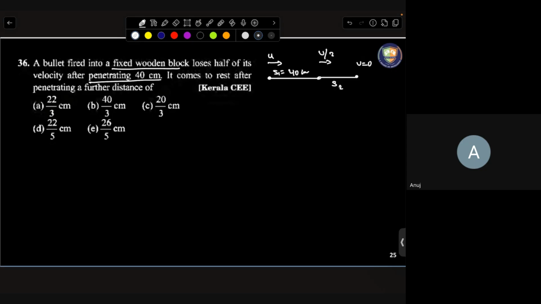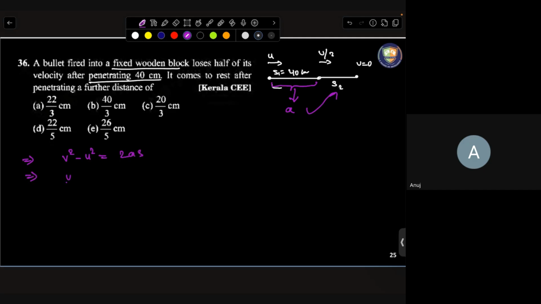And here velocity is becoming 0. So from the first condition, we can find the deceleration, which is, yeah, 40 by 3 is the correct answer. So from this, we can find how much deceleration or retardation is being provided by the wooden block, correct? Then we'll apply it here and we'll get the answer. So in first case, v square minus u square equal to 2as.